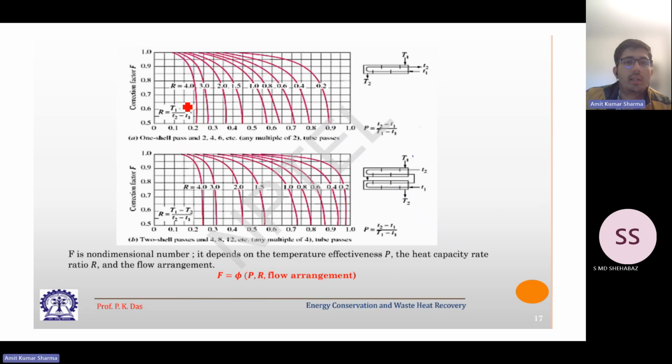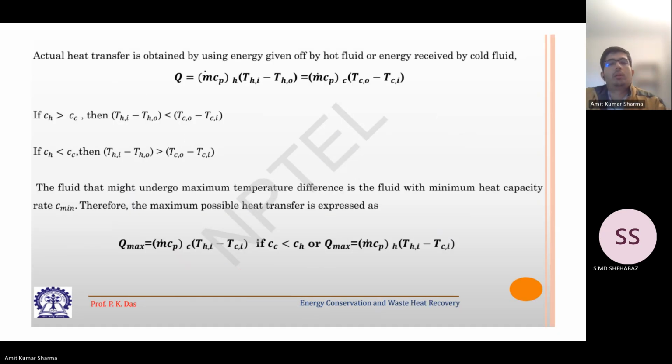You can see these are the data for calculation of F. The actual heat transfer is obtained by using energy given off by the hot fluid or energy received by the cold fluid. So we know this is the basic energy balance equation: Q equals mCp hot (Thi minus Tho) equals mCp cold (Tco minus Tci).